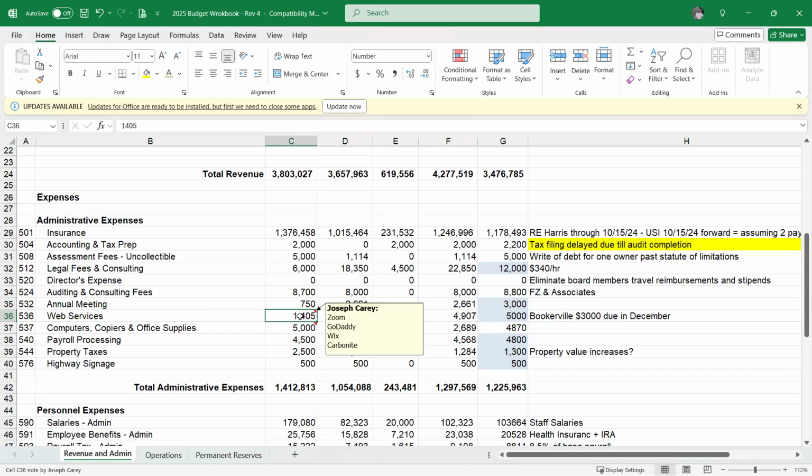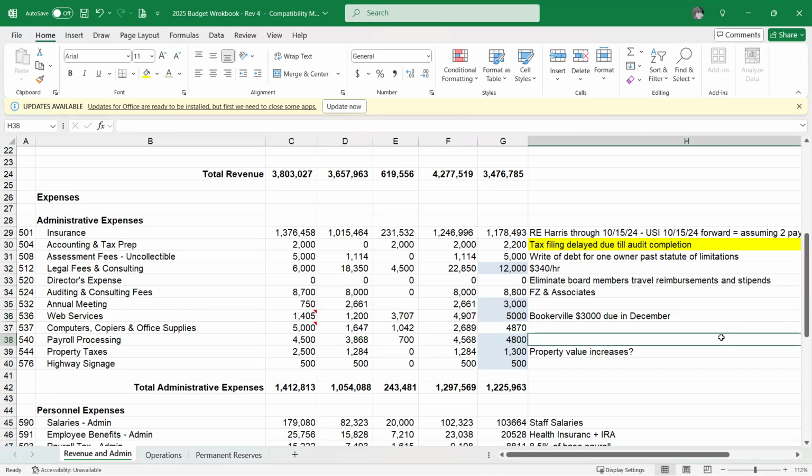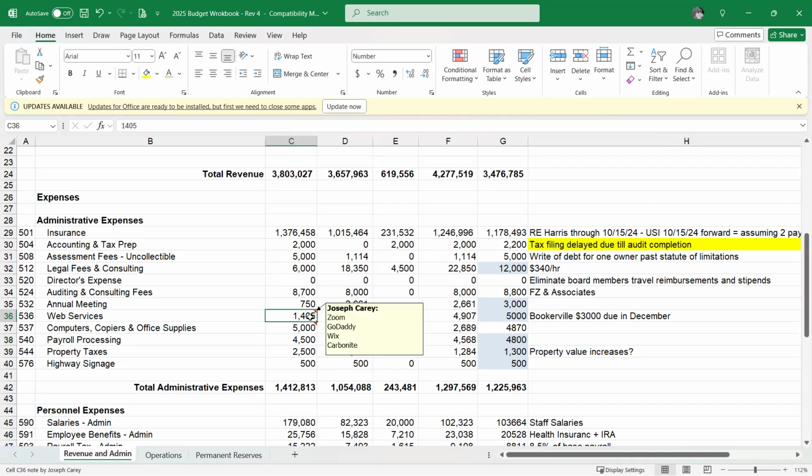It's Wix, which is web building, and then Carbonite, which is the backup for computer data. And I think we've added Bookerville to that, and so that kicks up the budgeted cost.